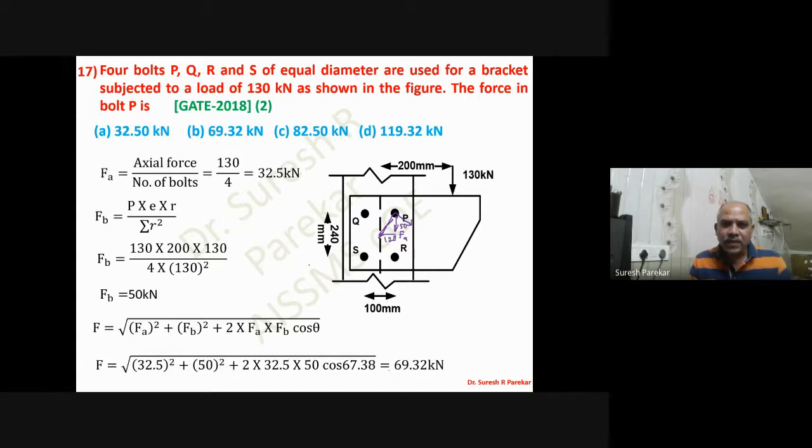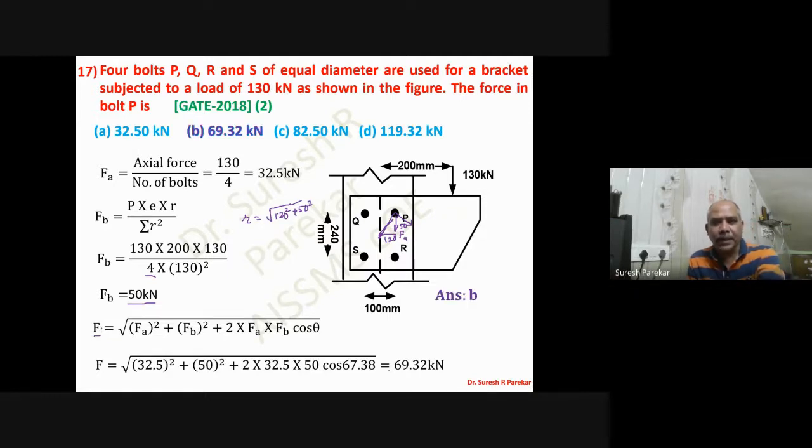And from this we calculate value of R, that is equal to root of 120 square plus 50 square. And we will get this value as 130, and all R values are same. So summation R square will be 4 into, because we have 4 bolts, and FB we will get 50 kilonewton.